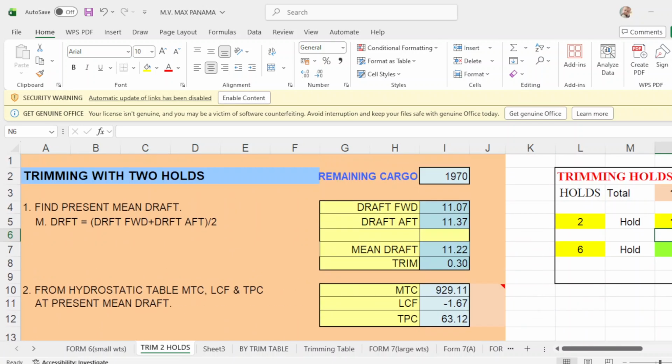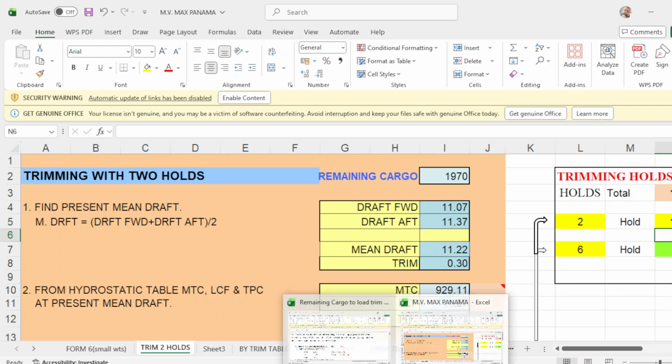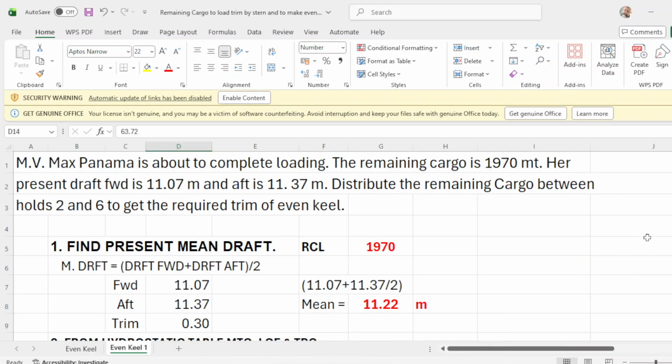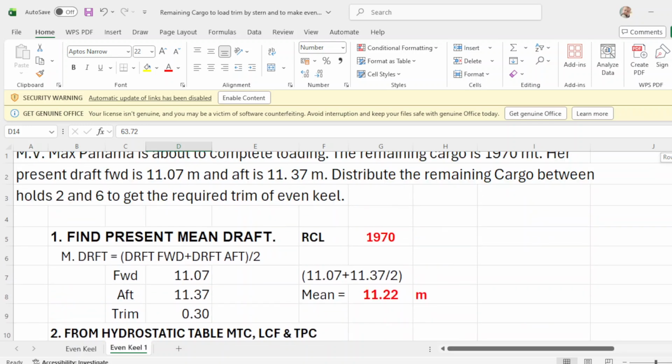Now I'll go back to this trim modes 2. Okay, this is by the program, but we will solve it by manual computation. Okay, so this is the manual computation. In number 1, you have now your initial drop.